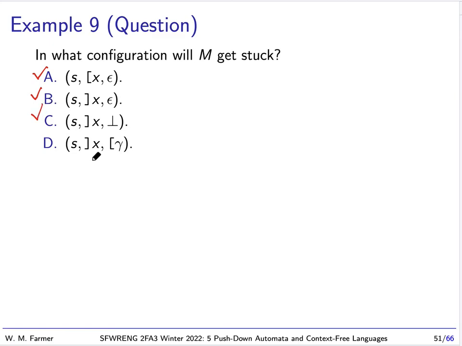And the fourth one is the case we don't get stuck. If we have a right parenthesis that starts our string, and on the stack is a left parenthesis, we know what we do in that case is we pop off this left parenthesis, and we don't push anything more onto the stack.